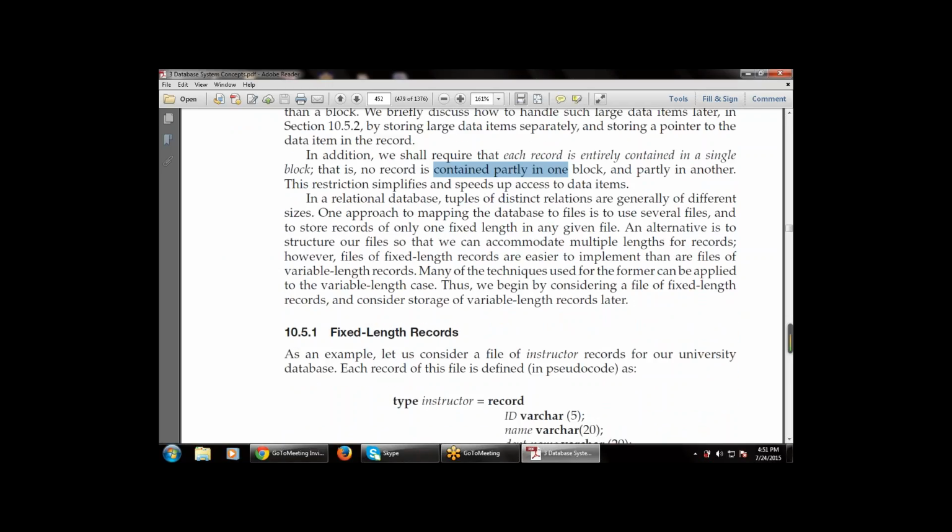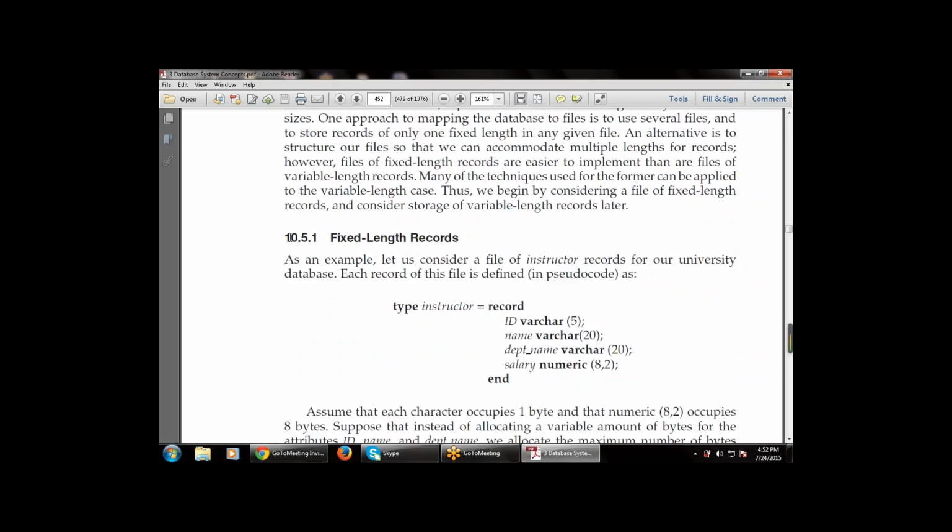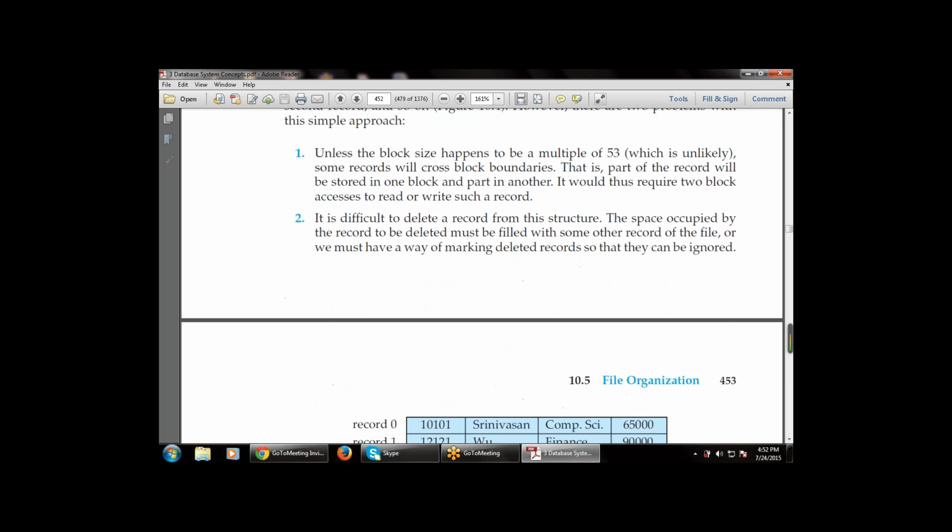And according to them, records are divided into two parts. One is the fixed length record, whose length and capacity cannot be changed again and again. And next is the variable length record, whose length and values change from time to time. This is an example of the fixed length record.